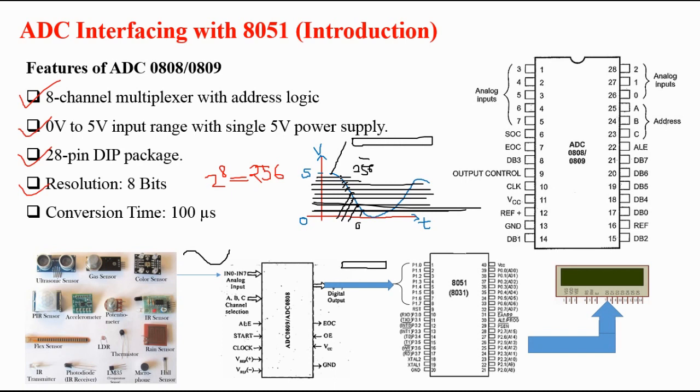After that, the sample of the next will be taken and converted into digital, and that digital signal will be sent. Then the sample of the next, let us suppose this one, will be taken, converted into a digital value, and then sent over the line. In this way the conversion happens.